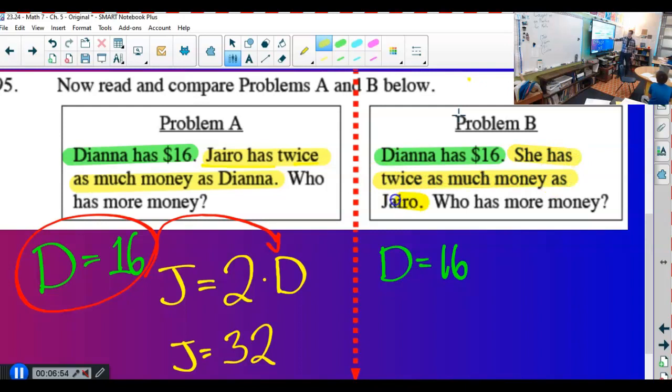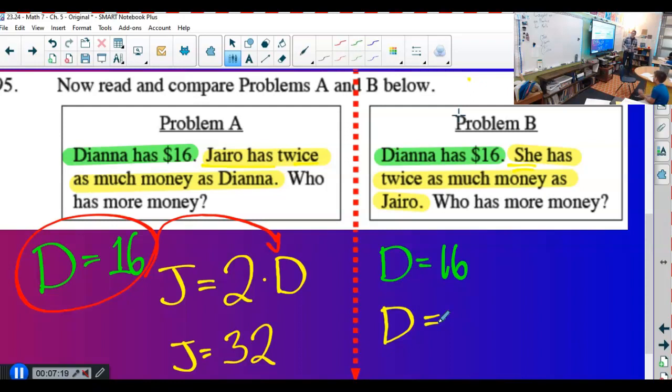So we first have to start with she. Who's the she they're talking about? Diana. So we need to carefully realize this is now still talking about Diana. Has, so D equals... D equals 16 times 2?